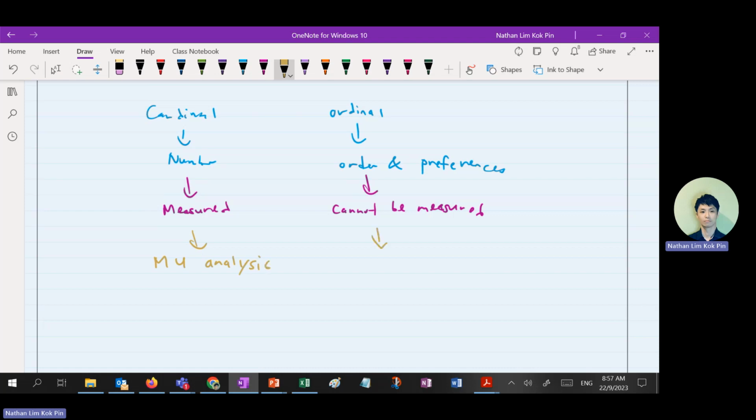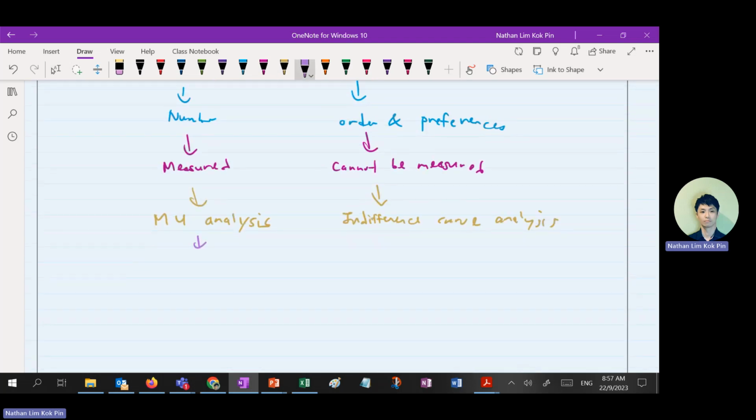For ordinal, we use indifference curve analysis. Then you can give an example. One good: we don't rank, we add up accordingly. Example, one good, whatever good you like. Then for two goods, you rank based on preferences. This is how you should write.